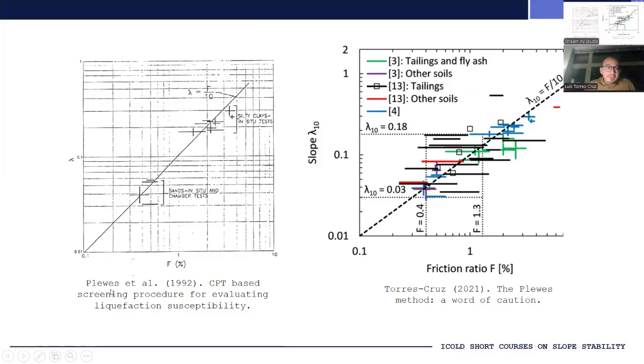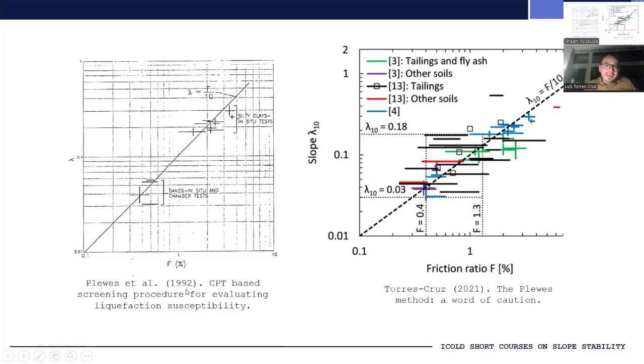This is the graph in the original Plewes method paper showing the correlation between lambda and the friction ratio F. With the data available at that time, it appeared a reasonable assumption to say that lambda is simply the friction ratio divided by 10. As simple as that. If your friction ratio was 1, then your lambda was 0.1.